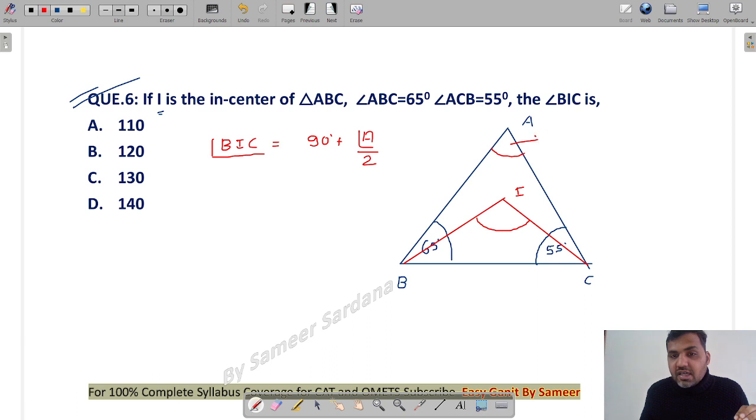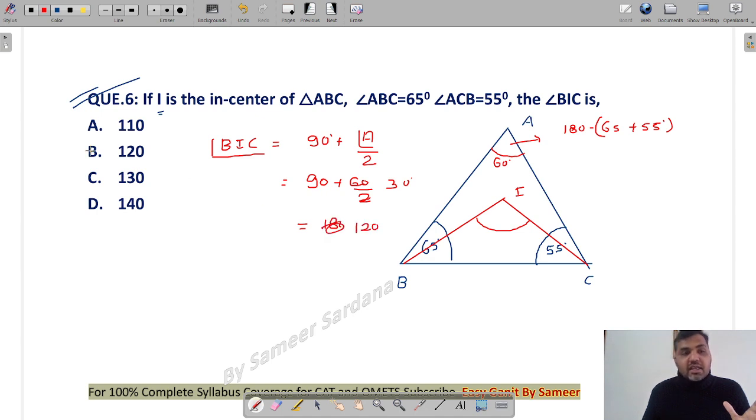You can see that the third angle will be equal to 180 minus (65 plus 55). Now 65 plus 55 is 120, so this angle will be 60 degree. So the value of the angle at incenter would be 90 plus half of 60, that is 120 degree, and that is B option, right?